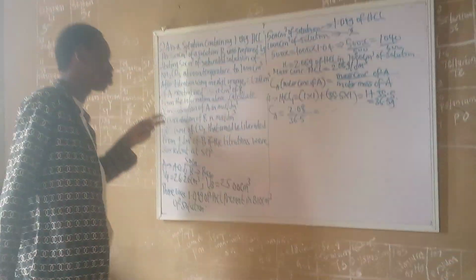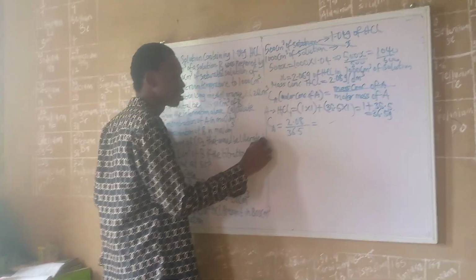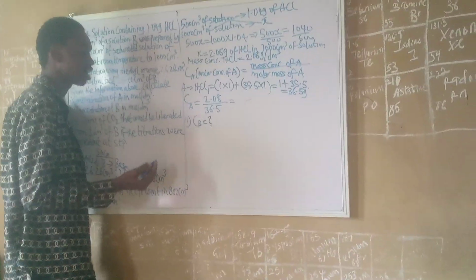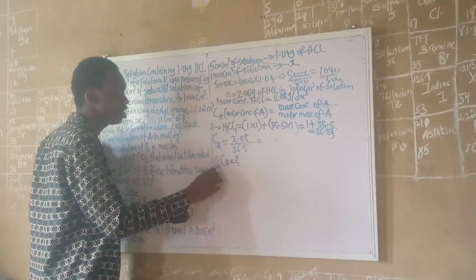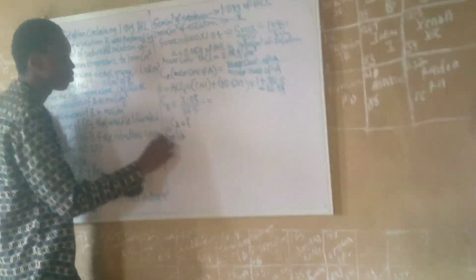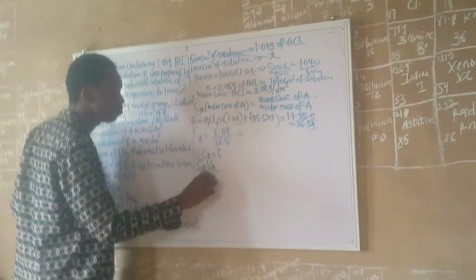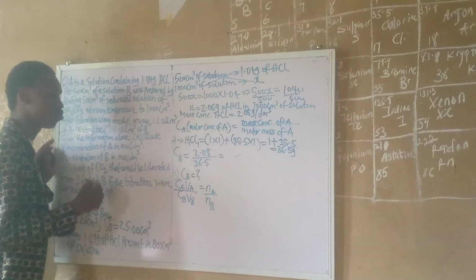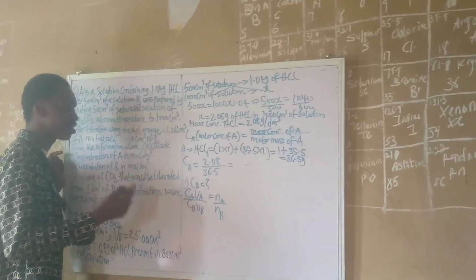So how do we get the concentration of B? Now, the concentration of B is unknown. The formula we use is CaVa over CbVb equals Na over Nb. We have to specify what all these parameters are.